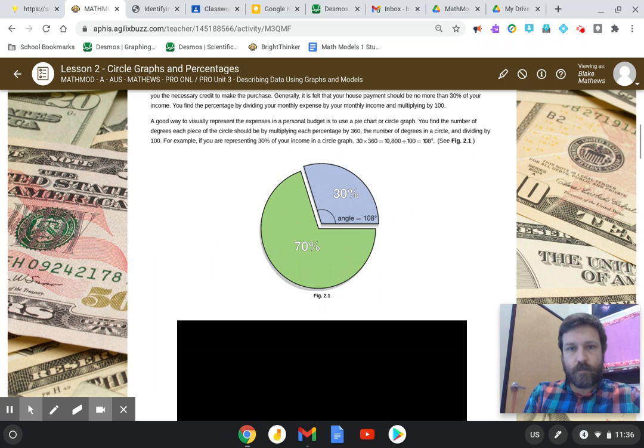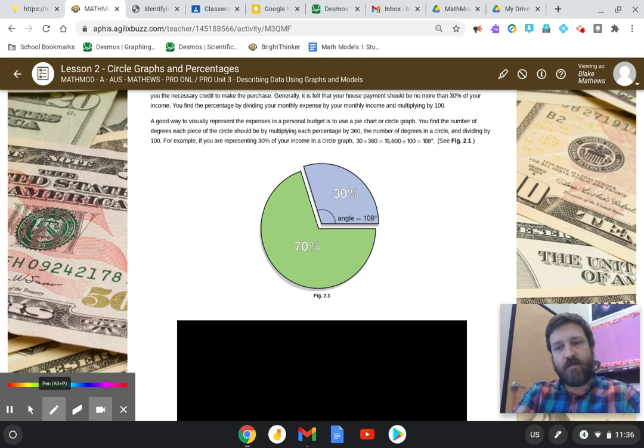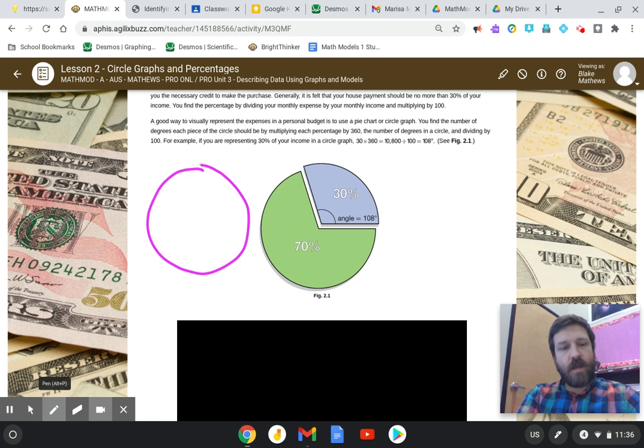So the first thing we want to understand is that when we look at a circle graph, generally speaking, we need to know some basics. Like we need to know that when we're looking at a semicircle, half the circle, that's going to be about 50% of the circle.